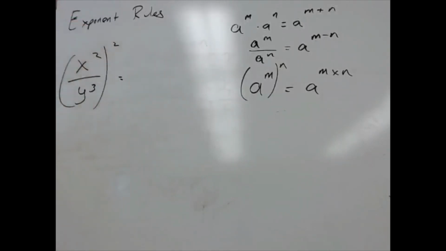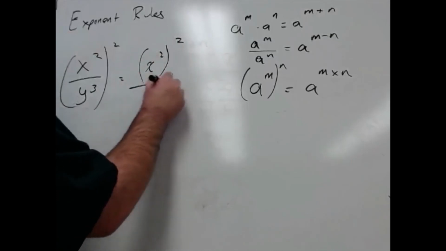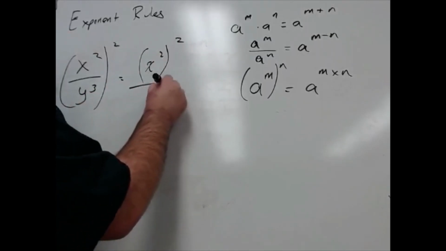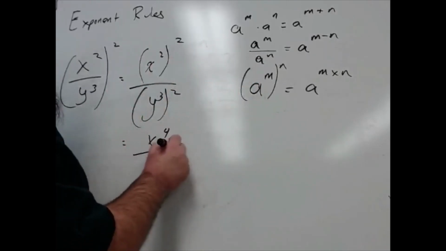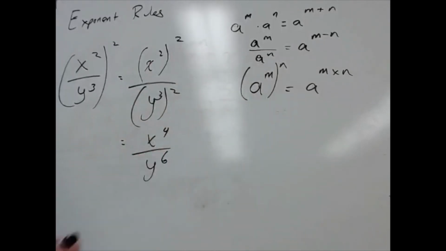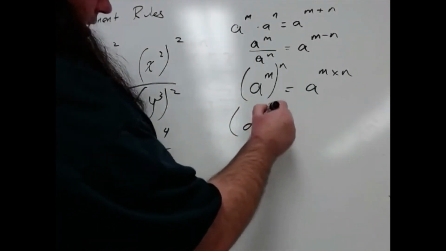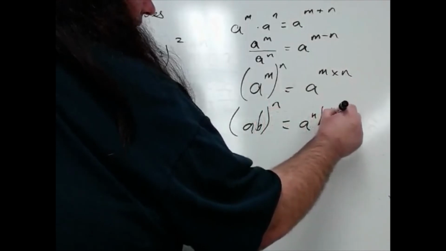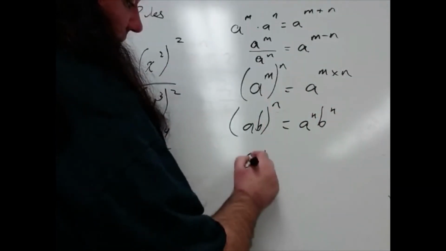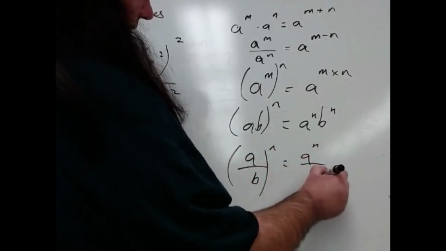So this is going to be x squared getting that as well, and then the y cubed getting the exponent 2 as well. And then using this rule again, I have x to the 4 over y to the 6. So this one is kind of similar to when it's multiplied. So the rule looks like this. When I have two things inside brackets multiplied, raised to an exponent, both things get that exponent. Or when I have two things inside of brackets raised to an exponent and they're divided, both things still get that exponent. So these two are really kind of similar to each other.